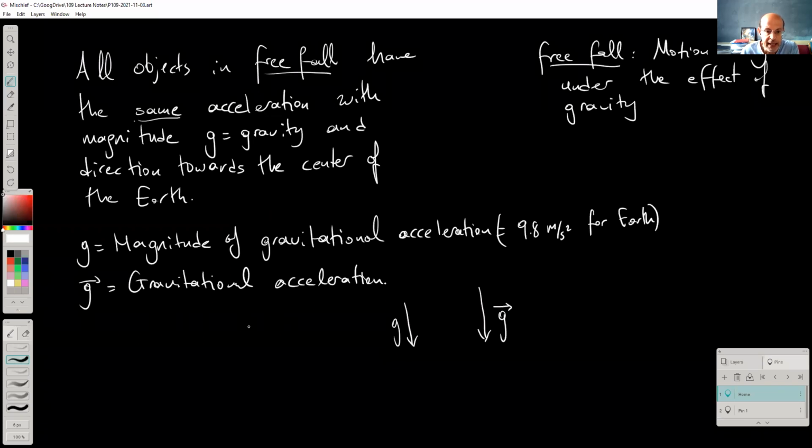In any case, when I say gravity, I might mean the vector quantity or the scalar magnitude. So there's some ambiguity in the usage, but I don't think that's too important.